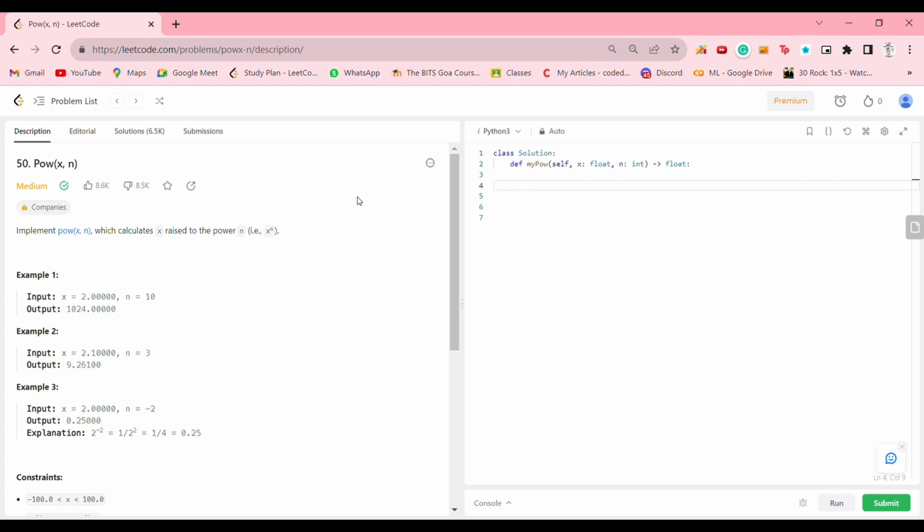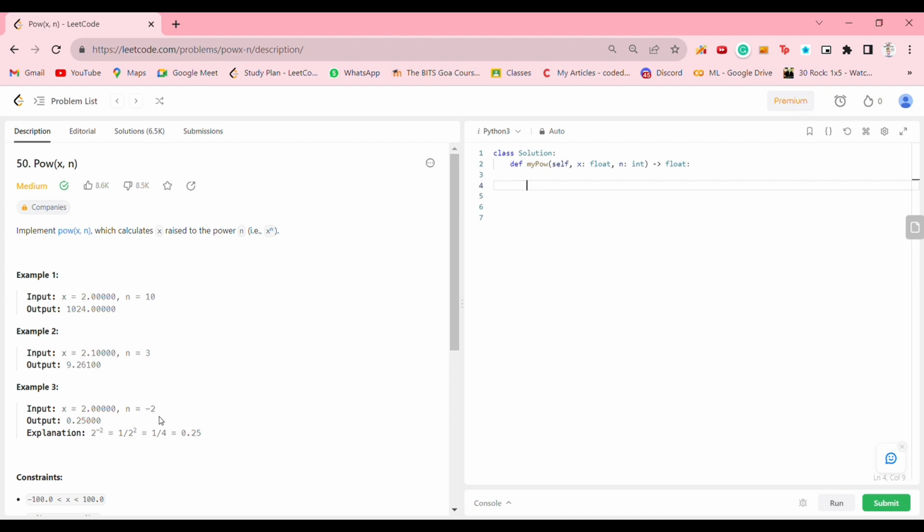The only small caveat here is that the algorithm that we discussed assumes that the exponent n in this case is going to be greater than or equal to 0, right? We've only described the algorithm which deals with positive exponents. But in this question, you can have values of n that can be negative, which is seen in this third example here, where n is equal to minus 2, right?